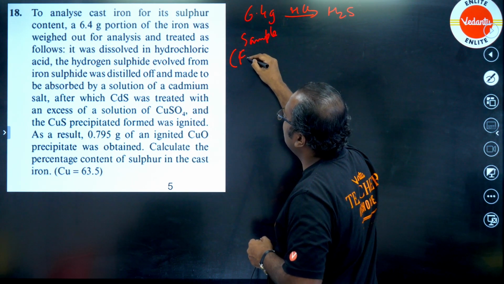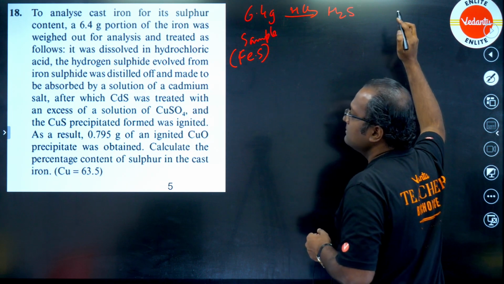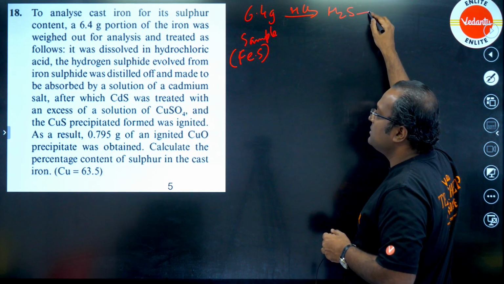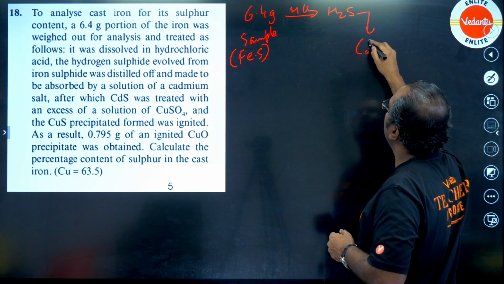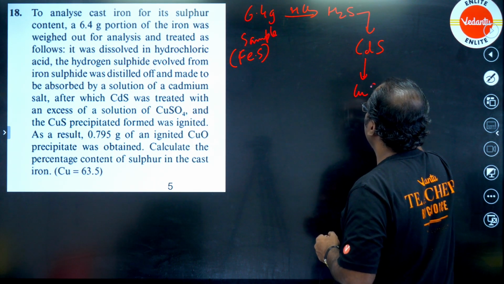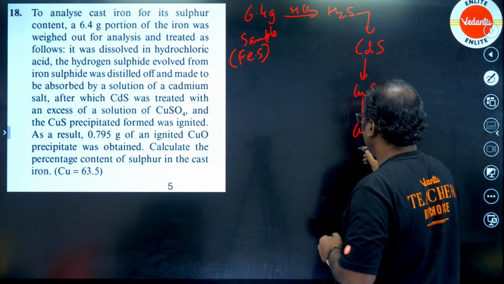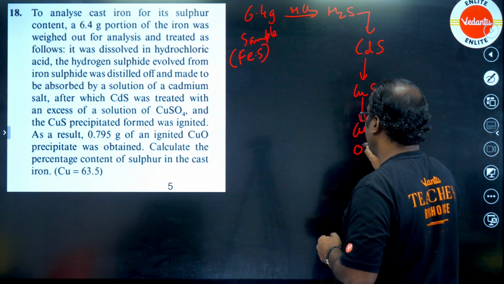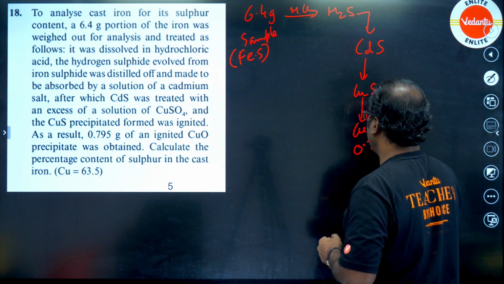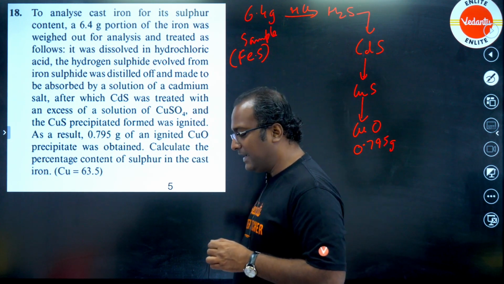The sample had some iron sulfide in it. From there, H2S came into the picture. The H2S we converted into CdS, the CdS we converted into CuS, and the CuS we converted into CuO. And here we have the data: 0.795 gram is given to us. Calculate the percentage of sulfur in the reactant.